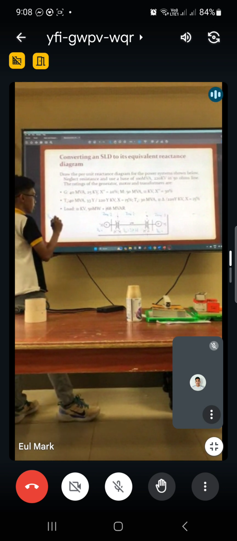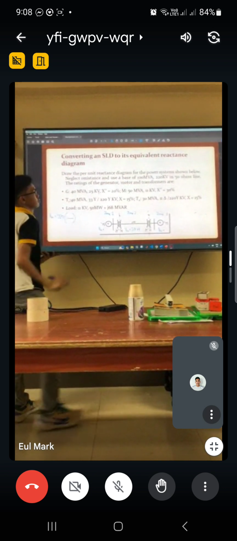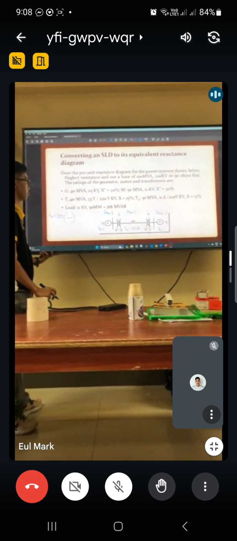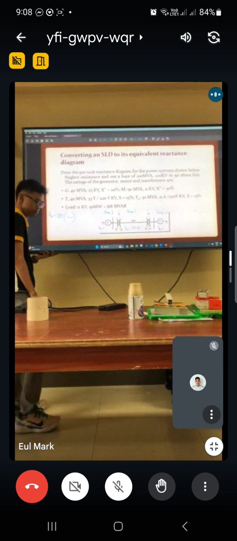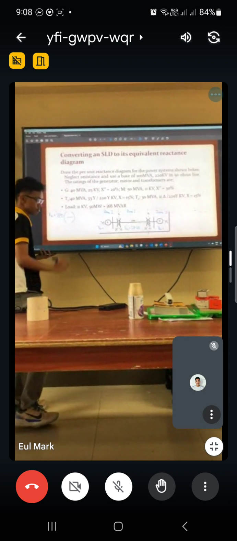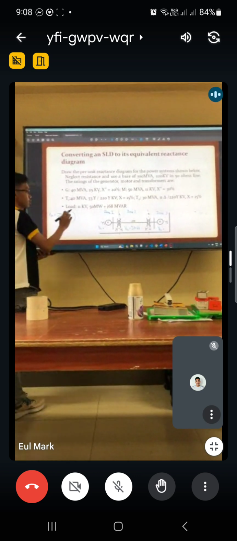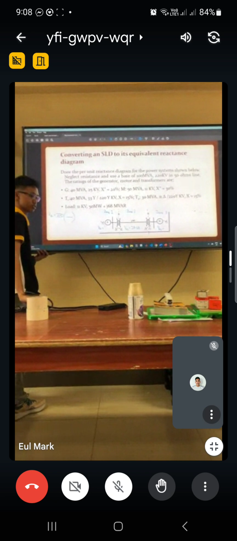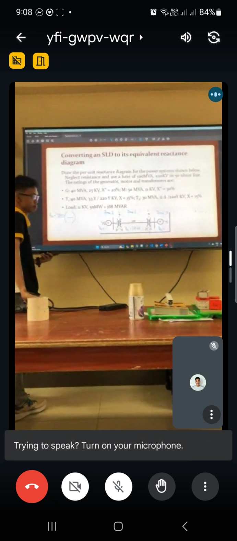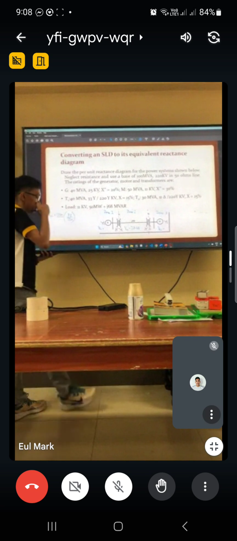It is 220 times the ratio of the transformer ratings. What is the numerator? 33.